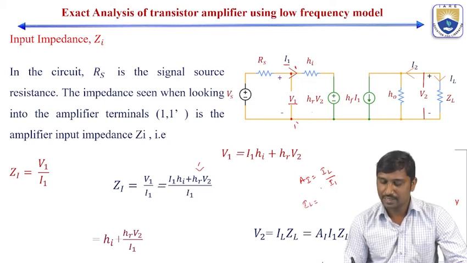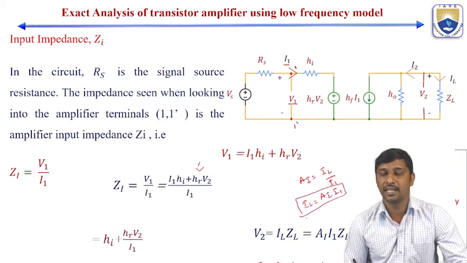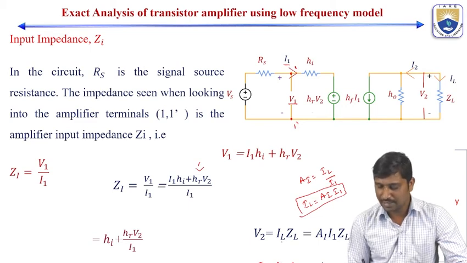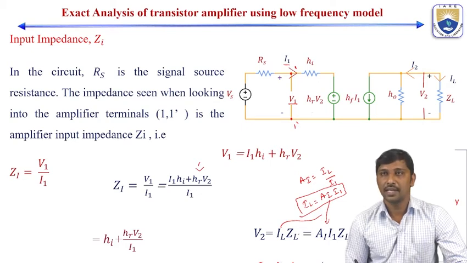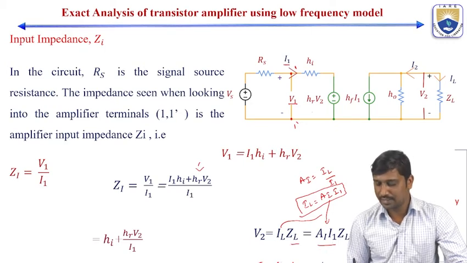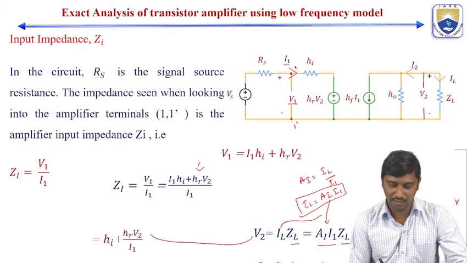IL is equal to AI times I1. That means the input impedance I am going to represent in terms of the gain parameter. Hence IL is replaced with AI times I1, and ZL is the ZL. Now we can substitute this V2 here.